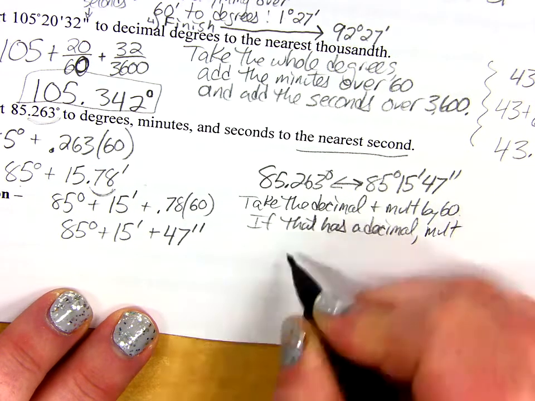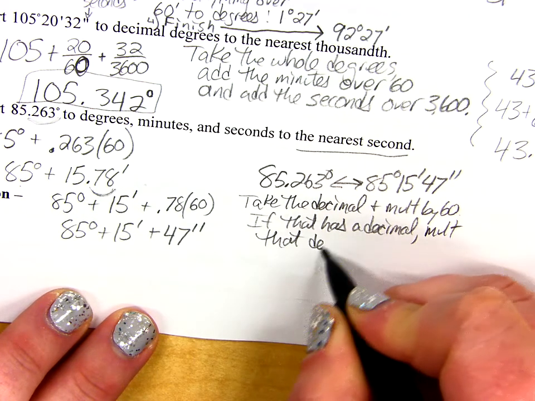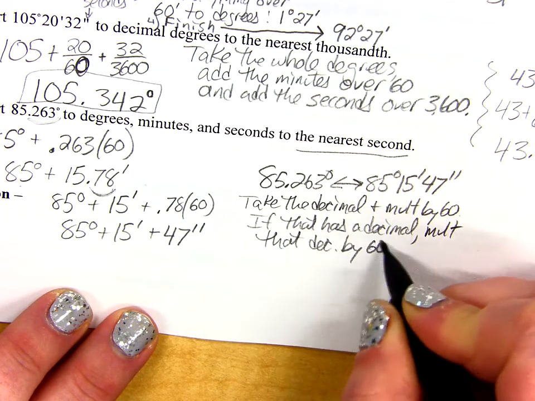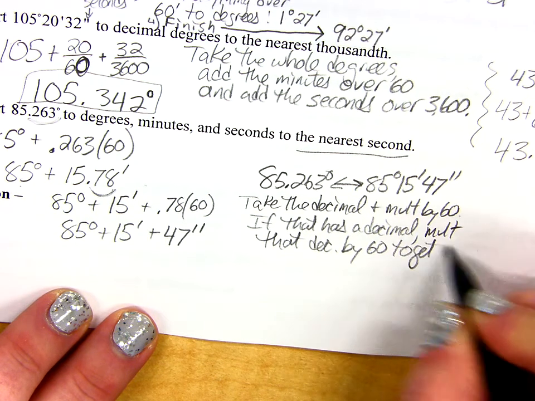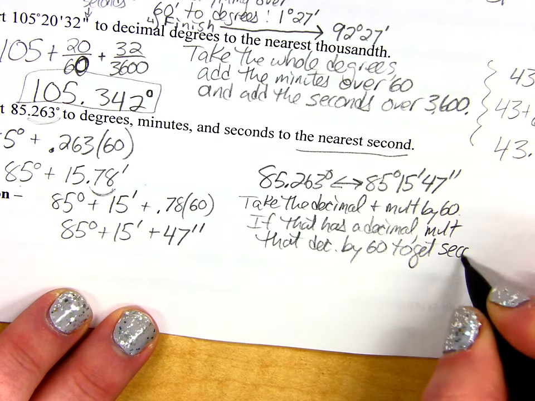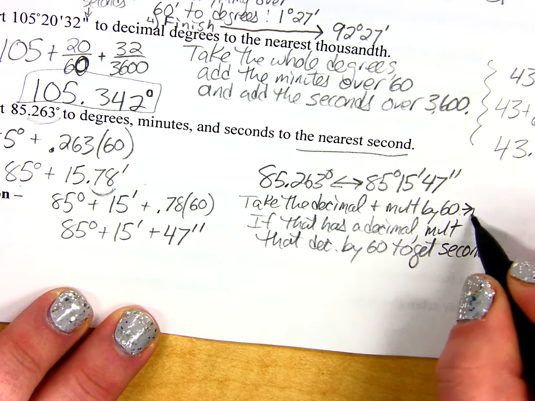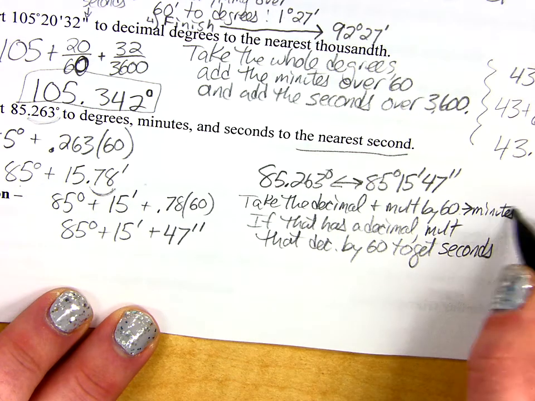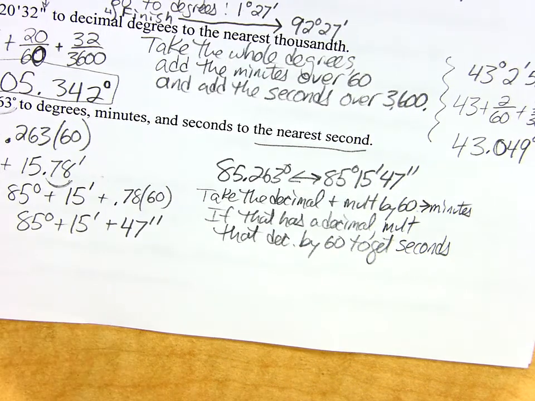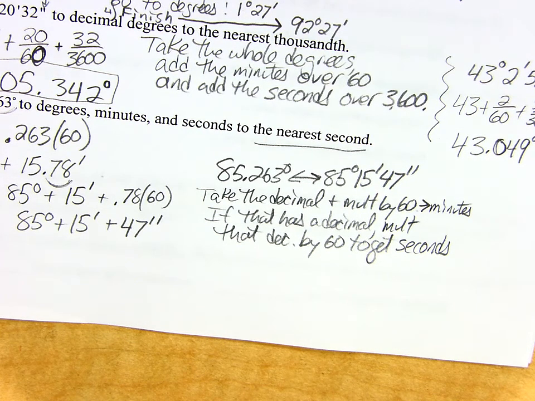That right there gets you your minutes. You might get lucky and that might just come out as a whole number and then you're done. But that gets you how many minutes you have. And then if your minutes have decimals, you multiply that decimal by 60 to figure out your seconds.